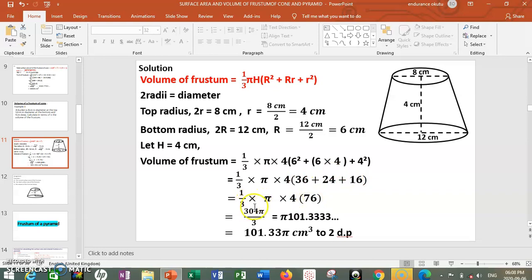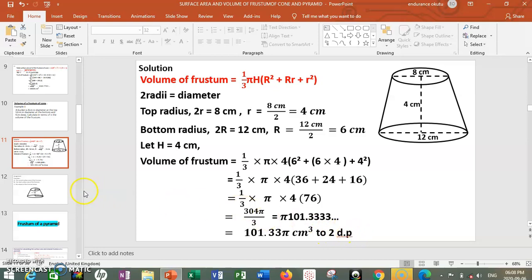Now 1/3, we multiply 4 times 76, that gives 304 pi, divided by 3. When we divide, we have 101.3333 pi. Our final result is 101.33 pi to 2 decimal places.